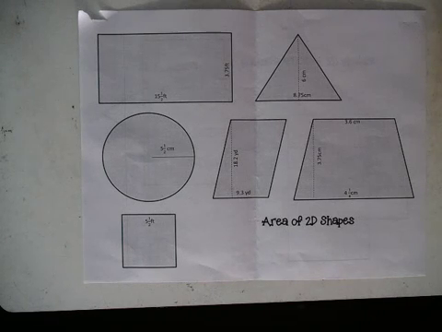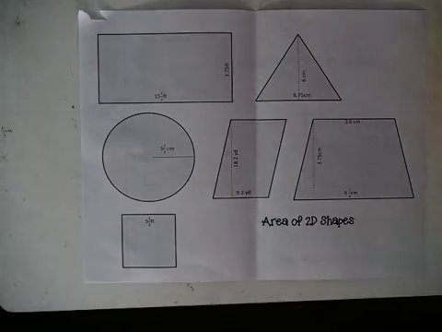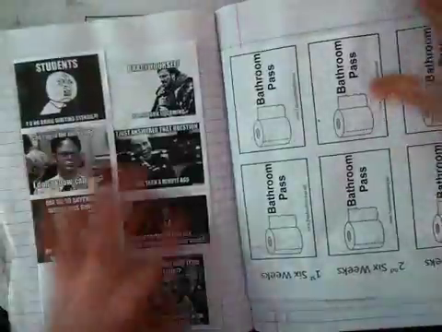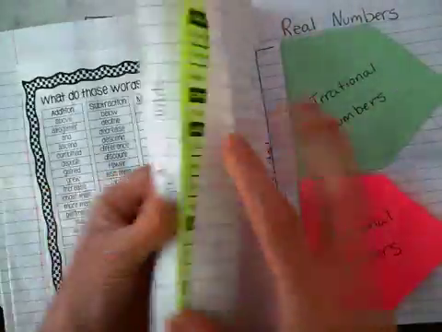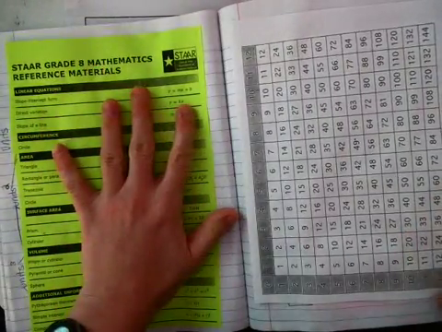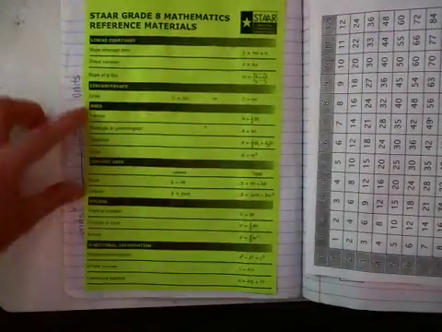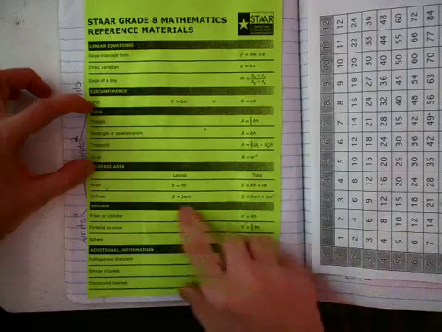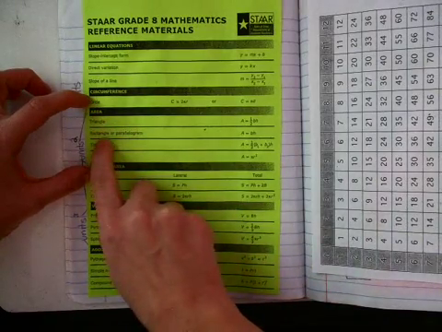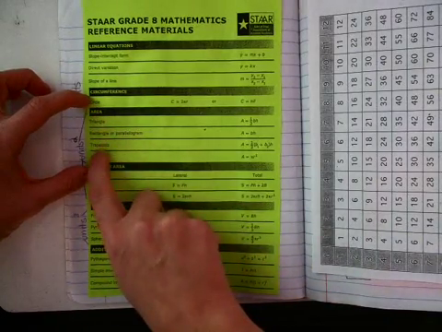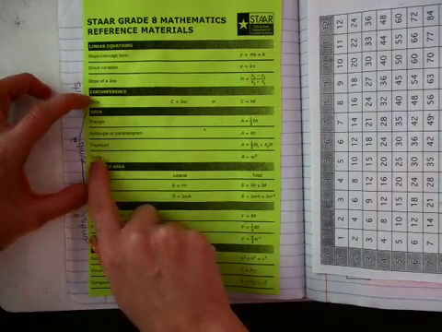You may need out your formula chart, because we'll be dealing with this little section right here: the triangles, the rectangle or parallelograms, the trapezoids, and circles.